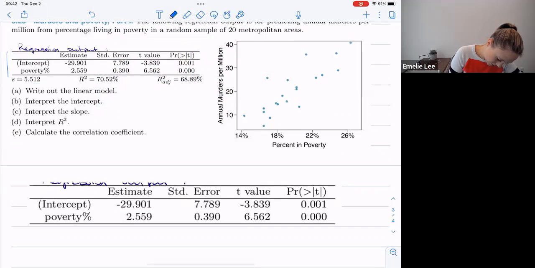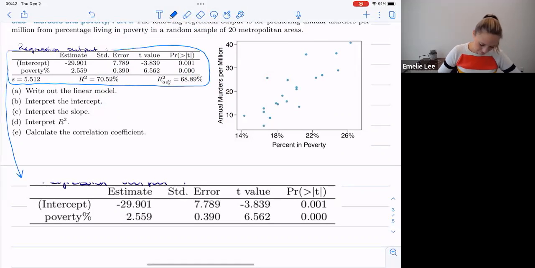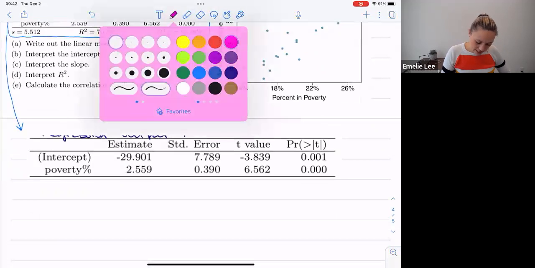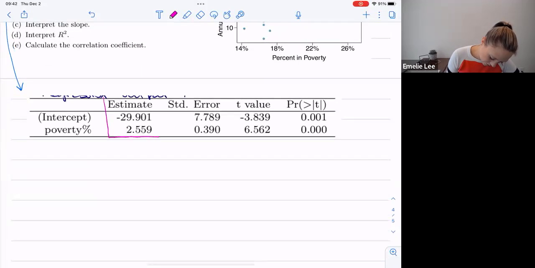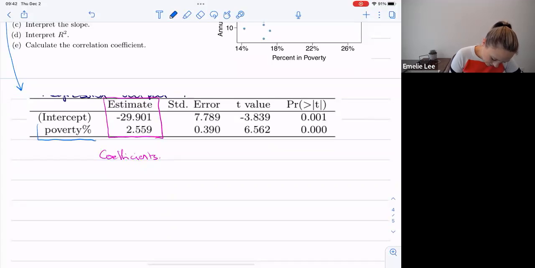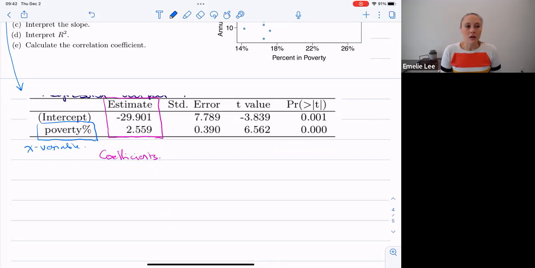Oops, draw over some of the output. That's not very good. There. So here we have the estimates or the coefficients. This is the intercept, and this is your x variable. That's really all we need right now.